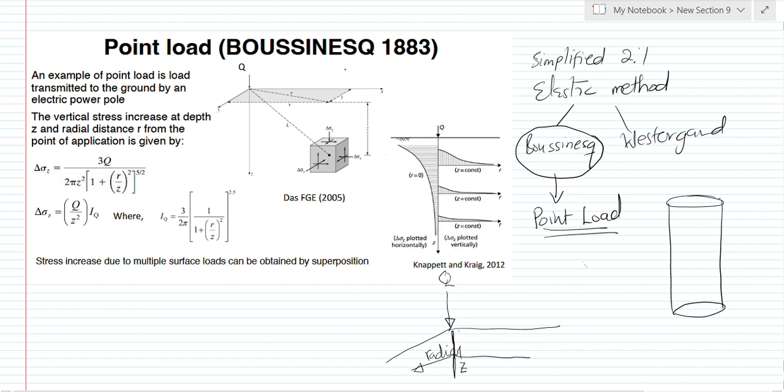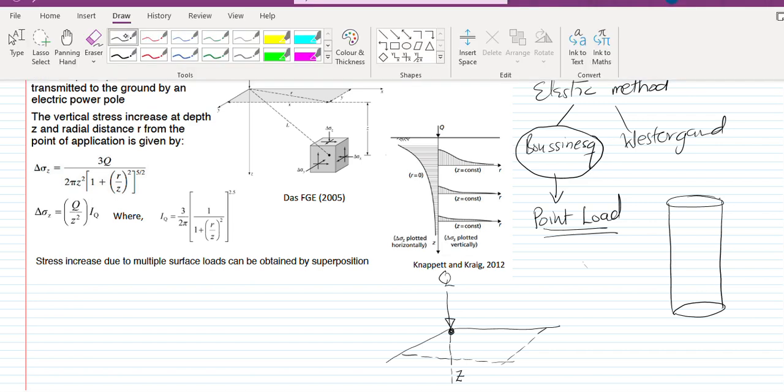Now, if we apply a point load at this particular point, let me clean and give you the 2D dimension. If this is our point load acting at this particular point, let me change the color.